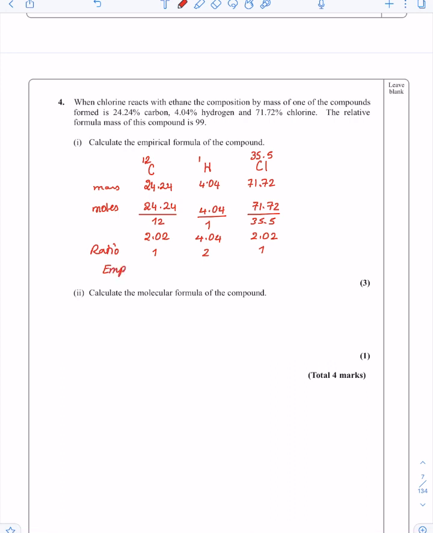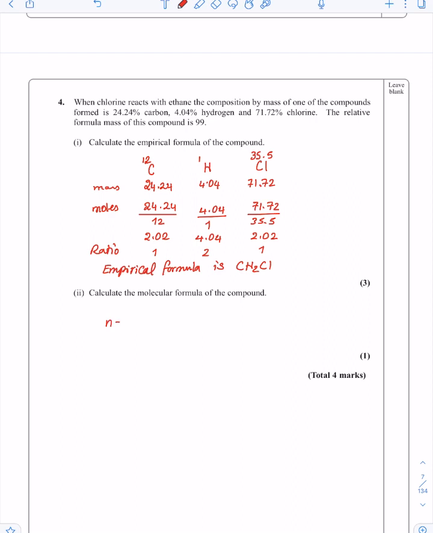This means the empirical formula of this compound is CH2Cl. Calculate the molecular formula of this compound.